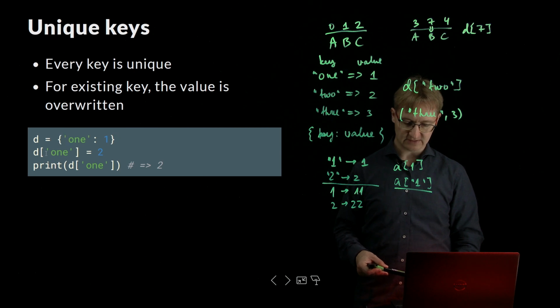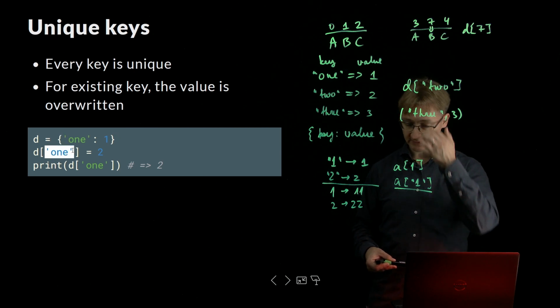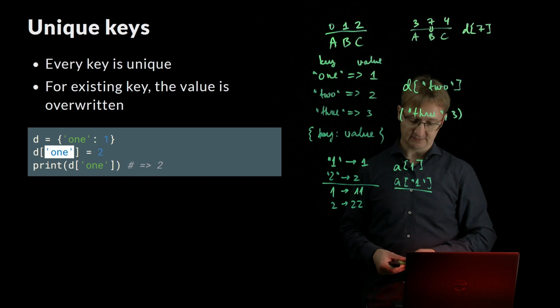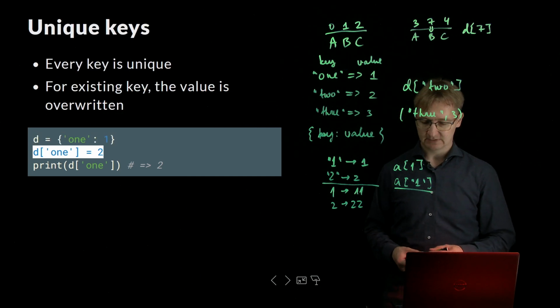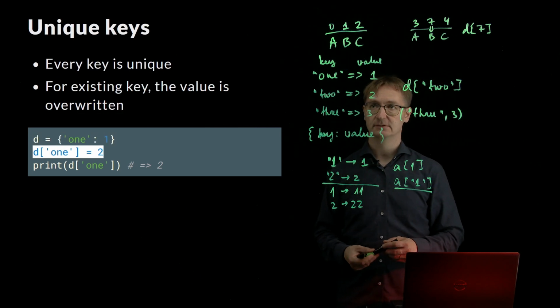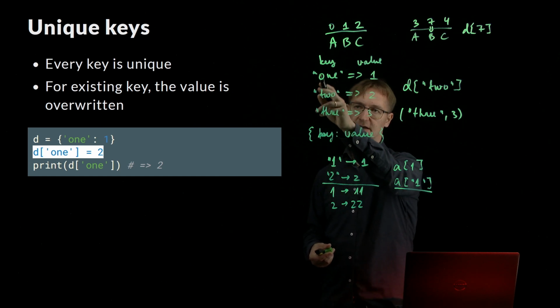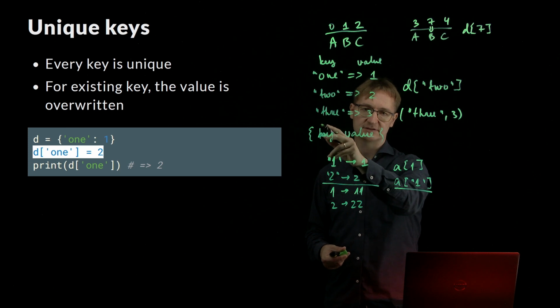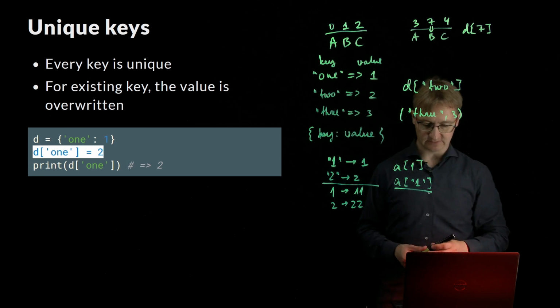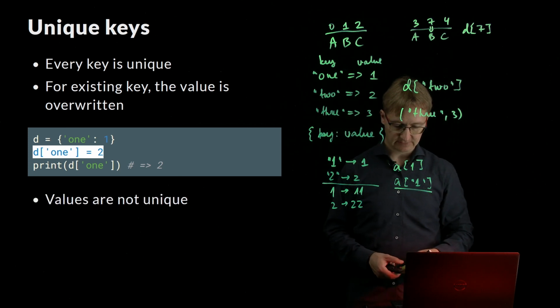Now if I try to add an element into the dict, because I already have this key, the original one is changed. So it sees that I already have this key, and now it changes this value. If I don't have this key, the new key is added with the corresponding value.